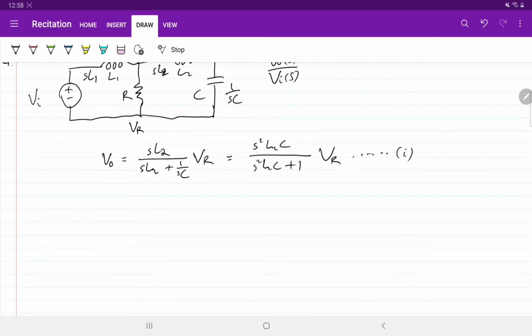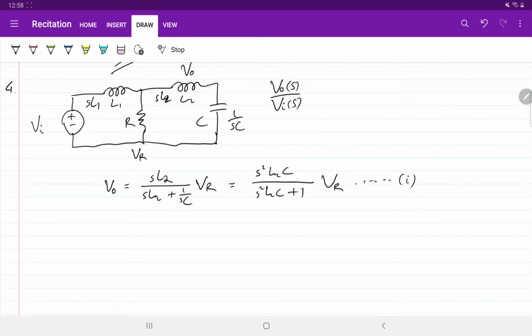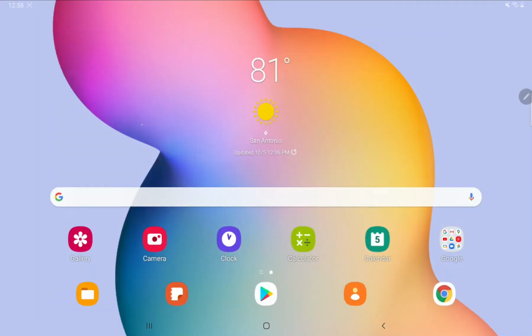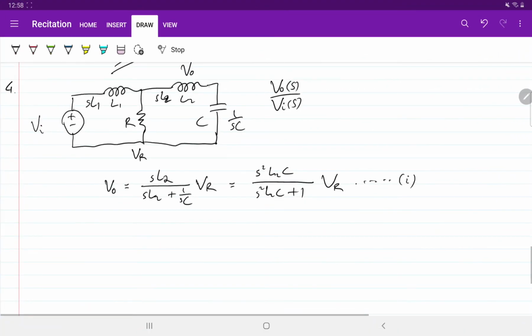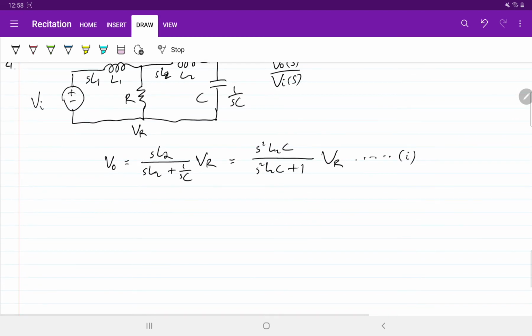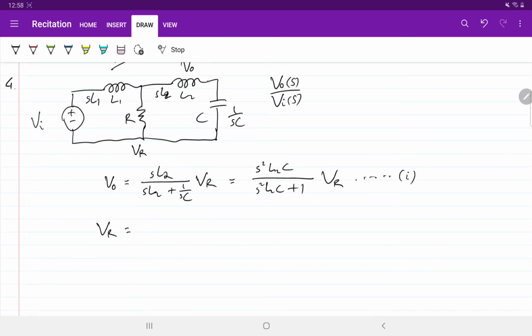Second equation, we need to establish the voltage relation between VR and the input voltage. Okay, so VR is the impedance of this, which is R parallel with SL2 plus 1 over SC, right?